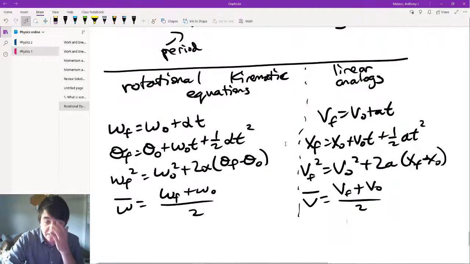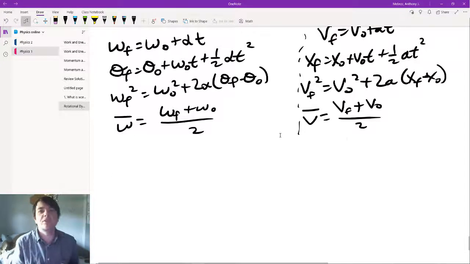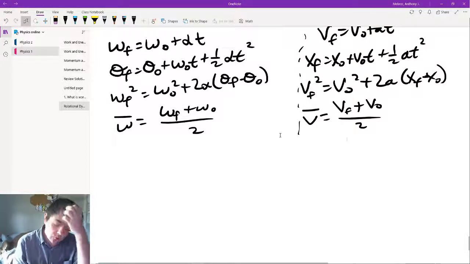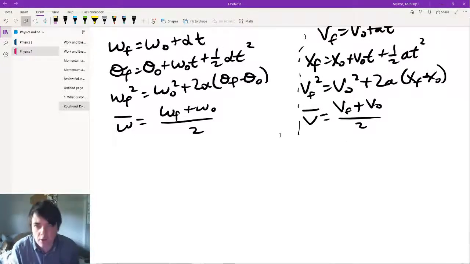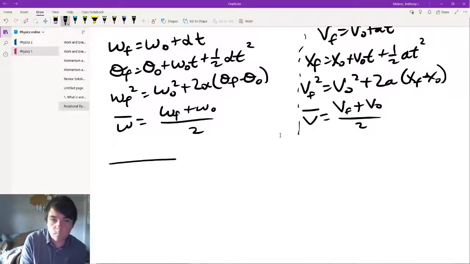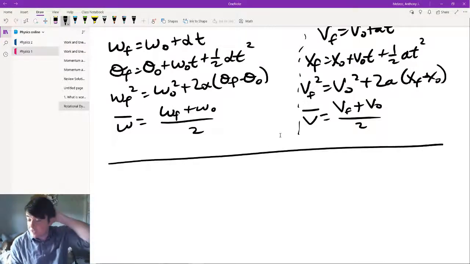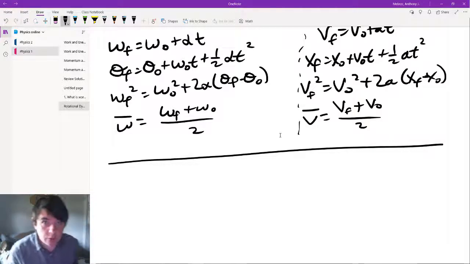So that's rotational kinematics, and those types of examples will work the same way, where you have your knowns and unknowns. One reason I like doing rotation at the end of the semester is that it gives you a good recap of what you've learned.